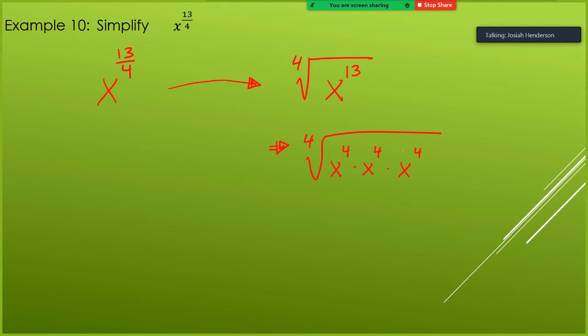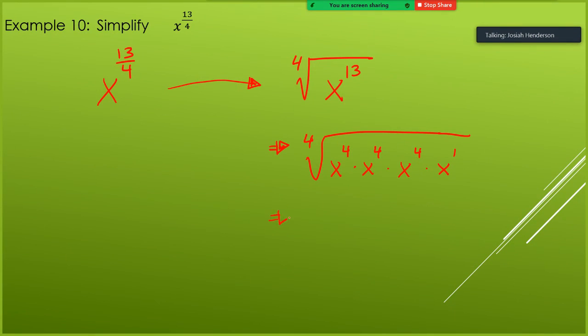So how many are left over? Just a single x is left over. I'll write the 1 there, even though we don't usually use the 1. But that adds up to 13. What I've done is split up that x to the 13 into chunks of 4. And why 4? Because that's the root we're dealing with this time.